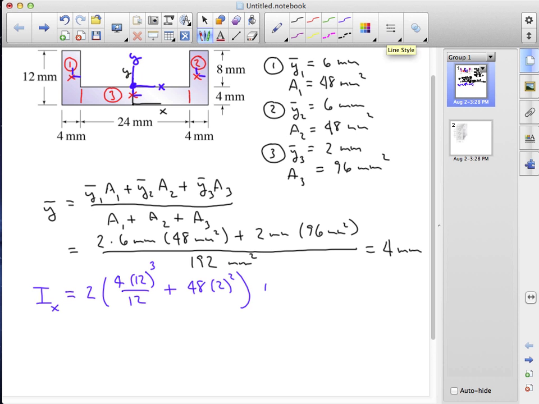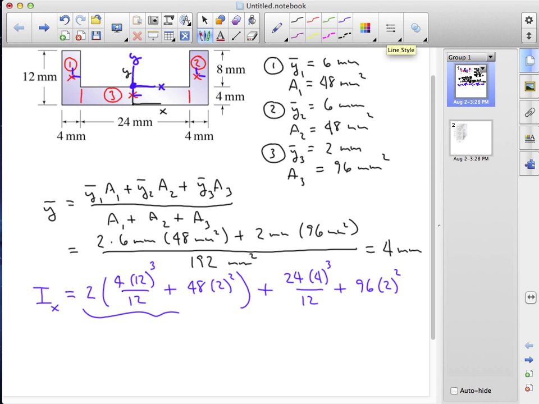Then the contribution from the horizontal piece along the bottom is bh cubed over 12, which is 24 millimeters times 4 millimeters cubed over 12. And then again, the parallel axis offset is also 2 millimeters, so this is plus the area, 96 millimeters squared, times 2 millimeter offset squared.